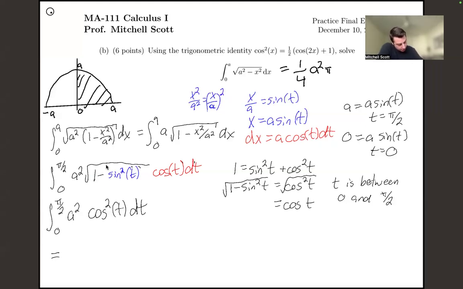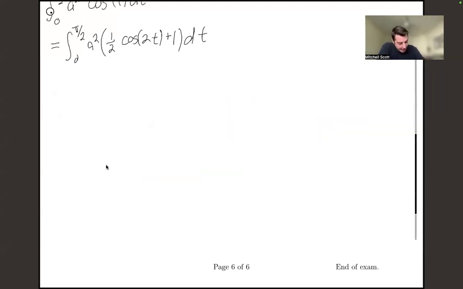So this equals the integral from 0 to pi over 2 of a squared times 1 half cosine 2t, I guess in our case, plus 1 dt. Okay, I'm going to shift downward.